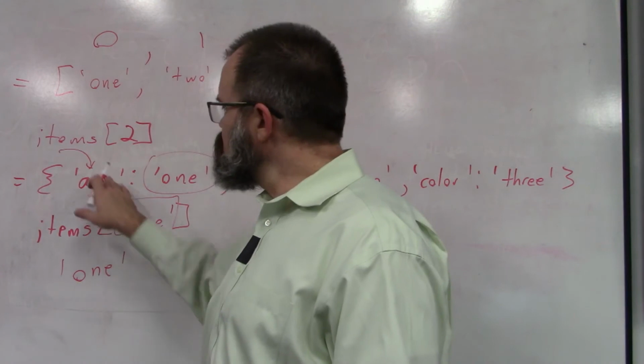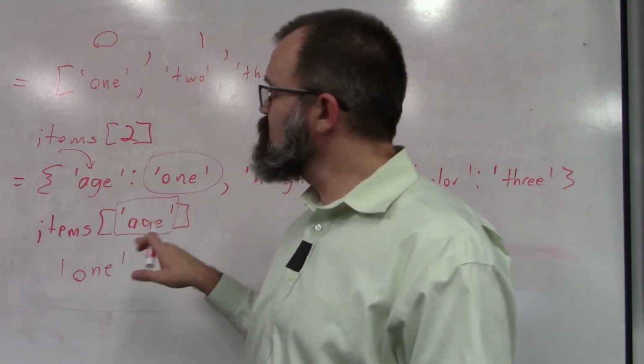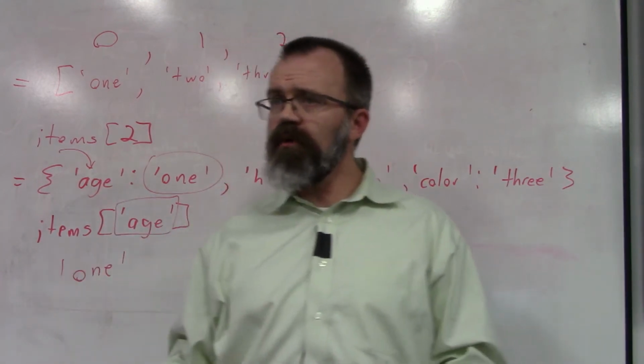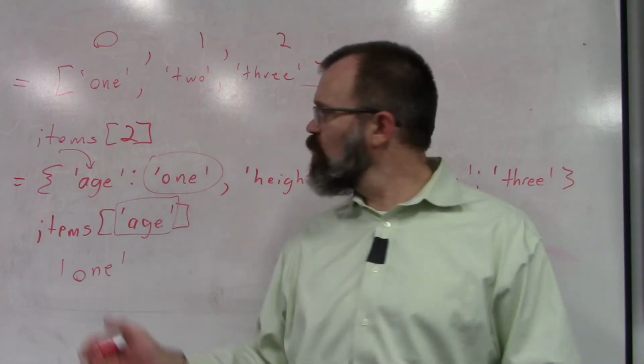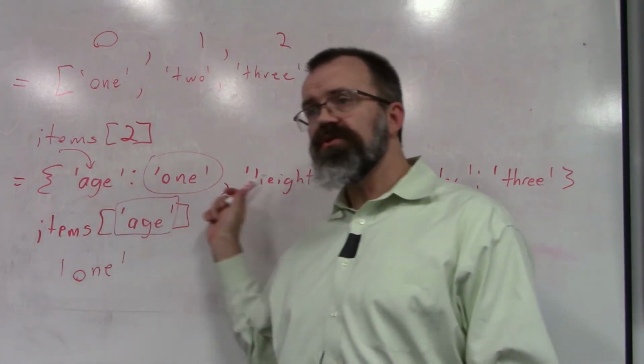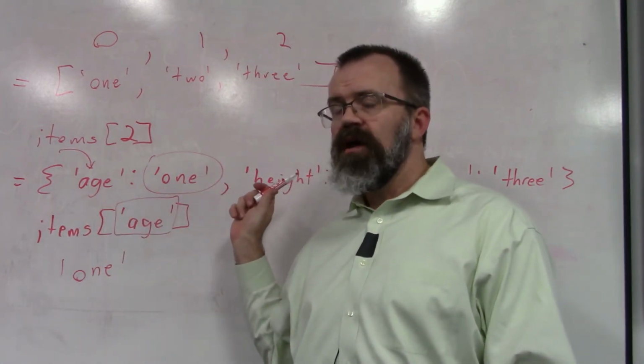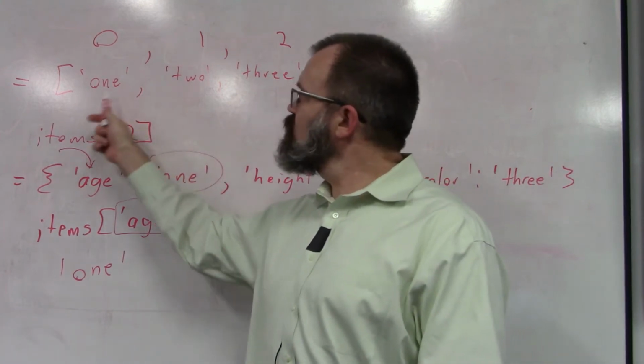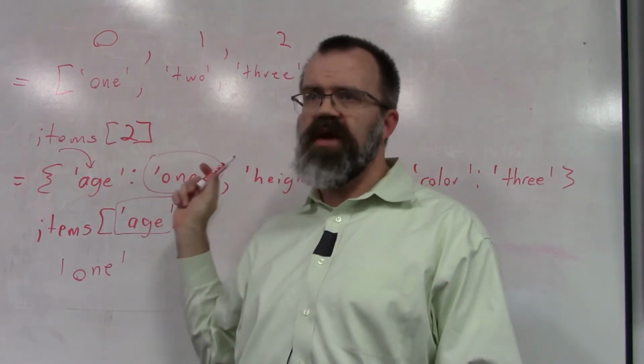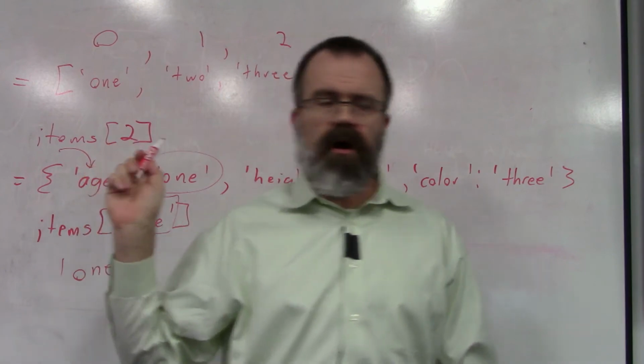Okay? This can be incredibly useful because as you're trying to program, occasionally you will want labels for the data, and other times you will just indicate that it is one of many. All right?